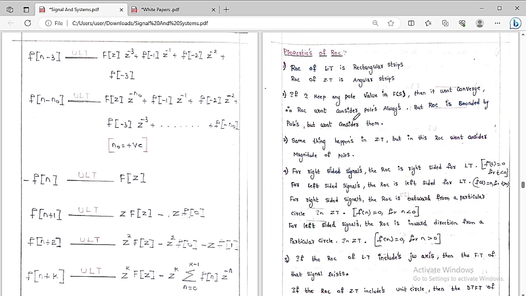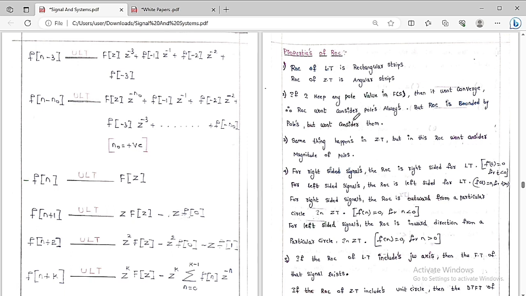So the ROC won't consider the poles; it is only bounded by the poles. So this is what I am trying to tell you. In simple words, whenever you keep any pole value in F of s or in F of z, the value we are going to get is infinite, not a finite value, so it is not going to converge.